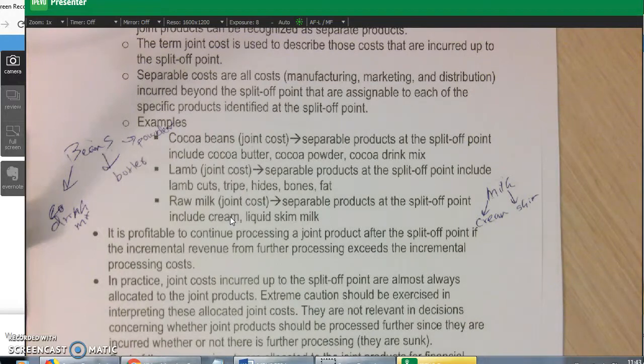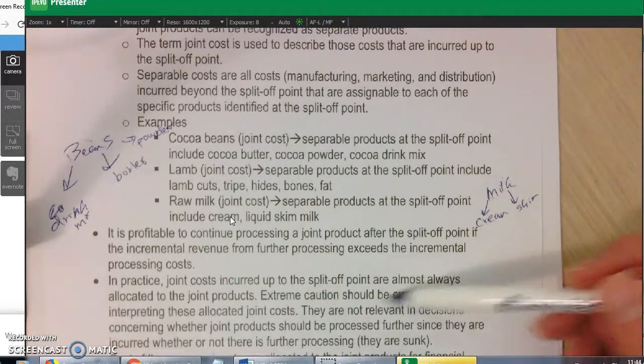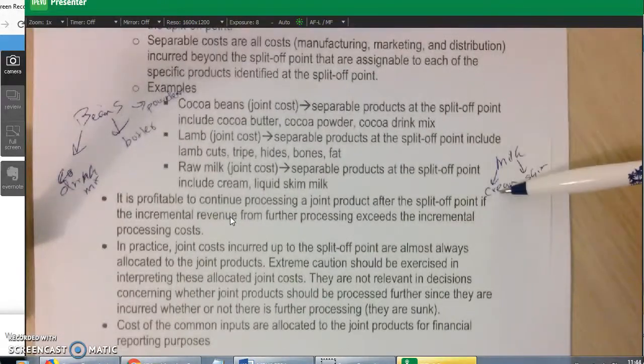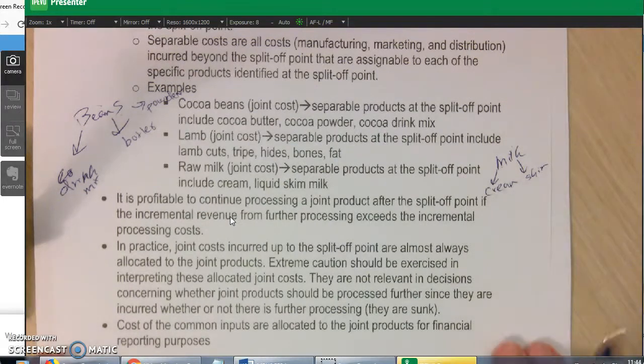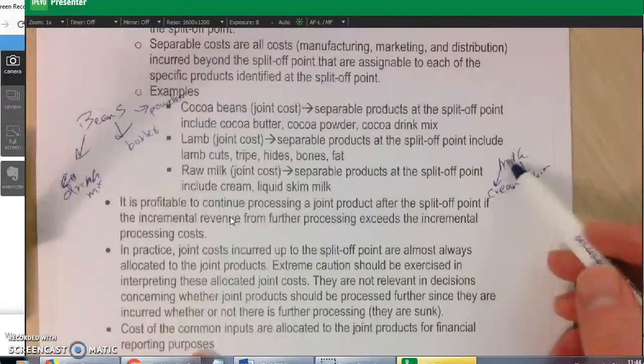The joint costs incurred up to the split-off point are always allocated to the joint products, as we just talked about. Extreme caution should be exercised in allocating these joint costs. They are not relevant in decisions about whether or not we should further process these joint products, because they're sunk.